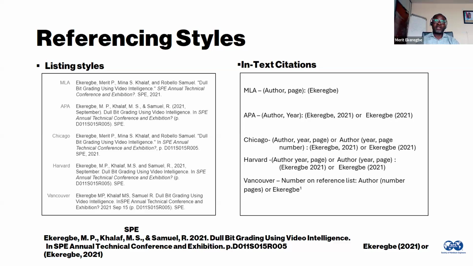With narrative citation, for example, if I want to quote an author and say, okay, by 2021, I use the author as the subject of the sentence. But with parenthetic citation, I state what the author has said in his work and put the name of the author and the year in closed parentheses. That is parenthetic citation.